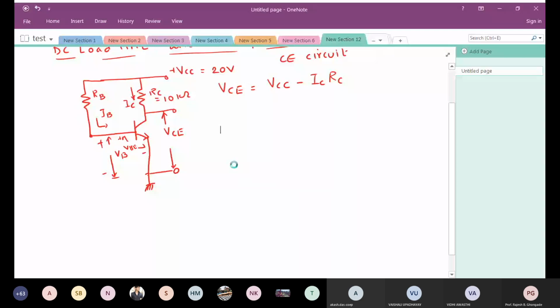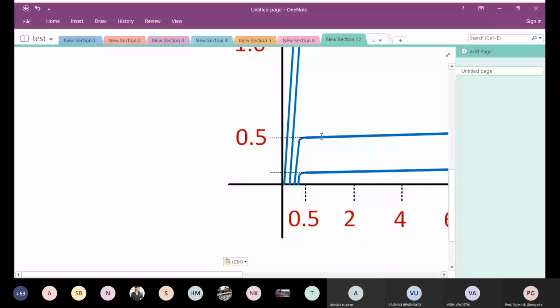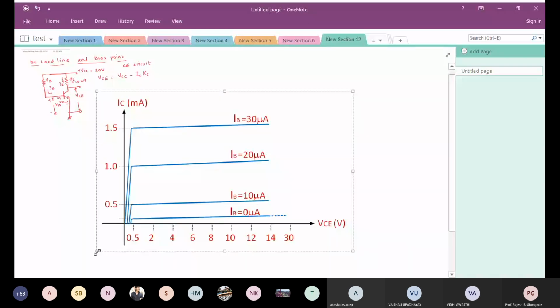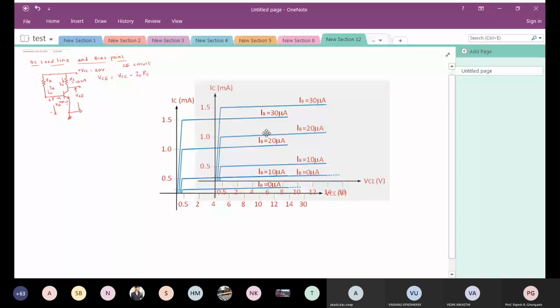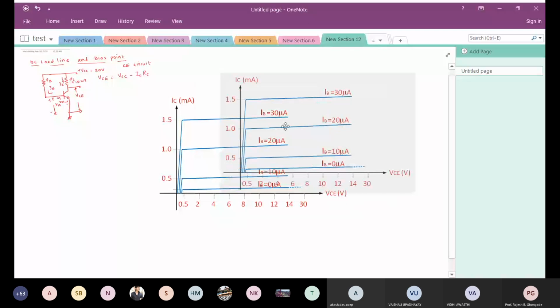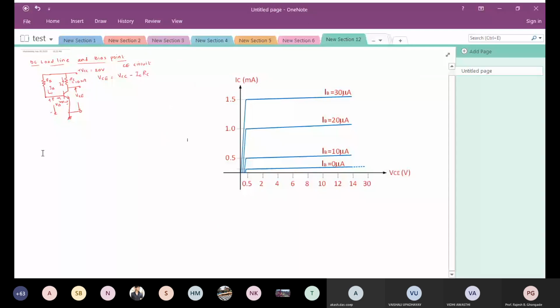Yes, I am able to superimpose that output characteristics. Is it visible to all of you? Yes, sir. Okay. So for this particular output characteristics, we are going to have the load line.